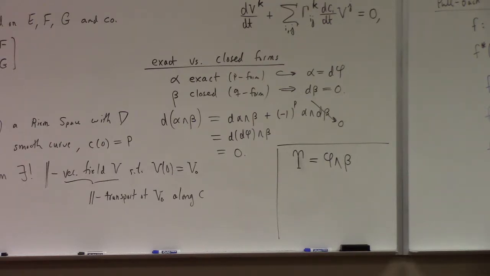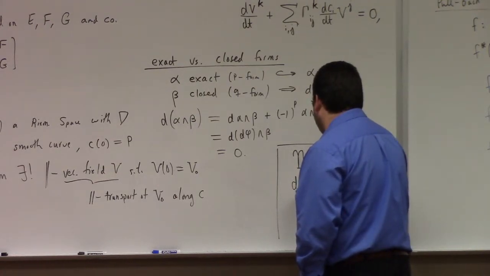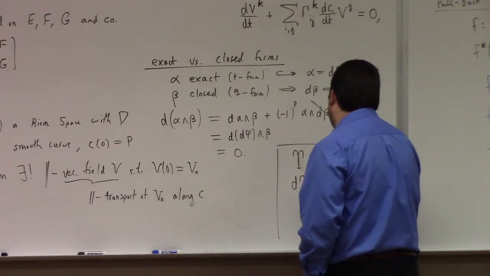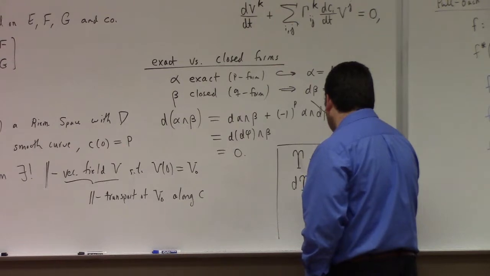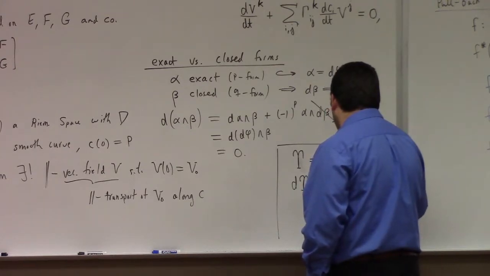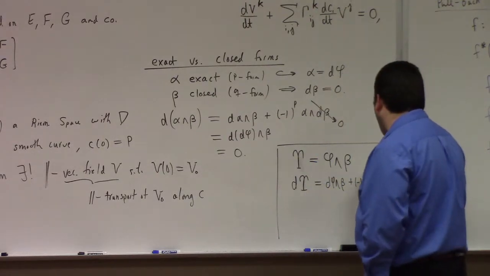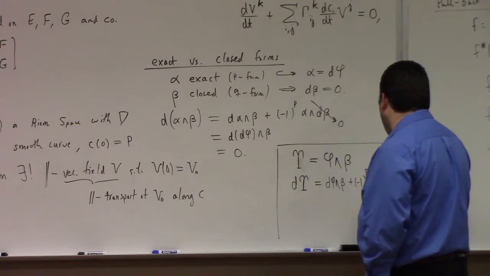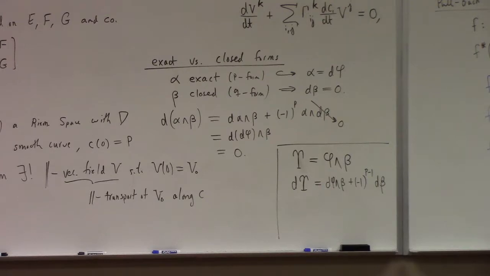And then I worked out what d upsilon was. I didn't call it upsilon in my solution, which is unfortunate. You take the derivative of minus 1 to the k times beta wedge phi.